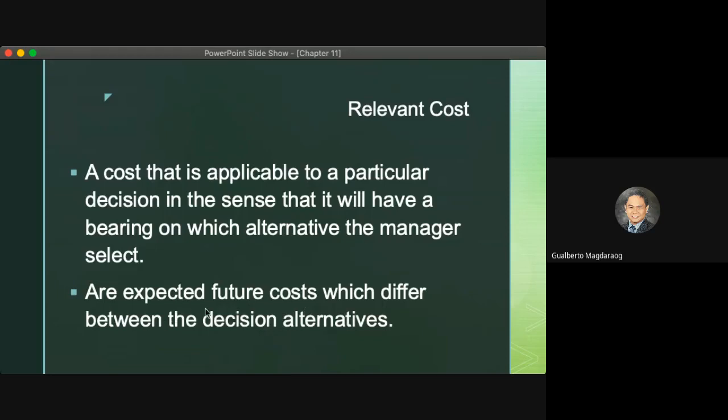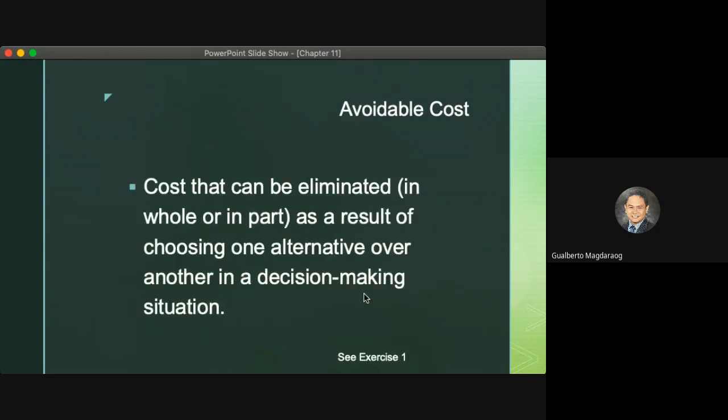So in short, dapat future cost and will make a difference between alternatives. Okay? So it should have a bearing on your alternatives. Kung wala ring bearing, hindi rin siya relevant cost. Okay. We have here avoidable costs.